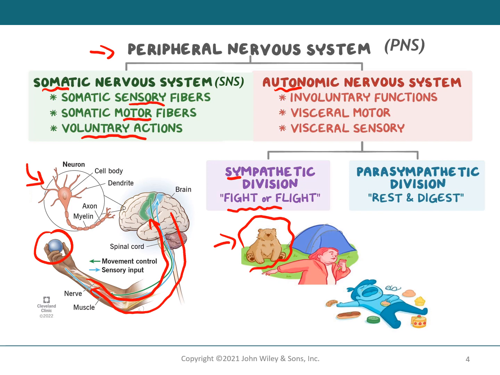You are not thinking, I need to increase my breathing, my heart rate also increases, and I reduce my digestion. I maximize the blood that goes to my muscles, and maximize the speed that I have to escape. You don't think about those things. Your body does them automatically.